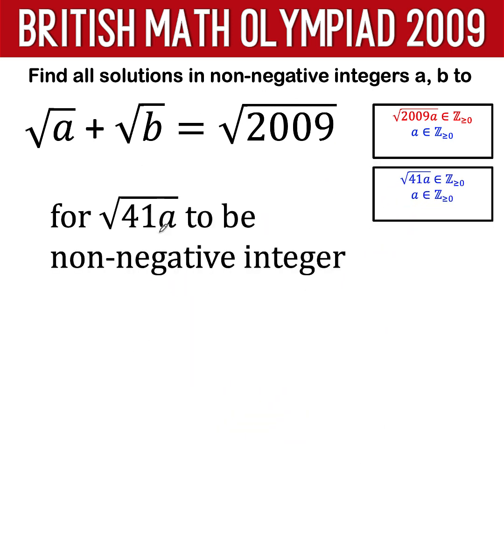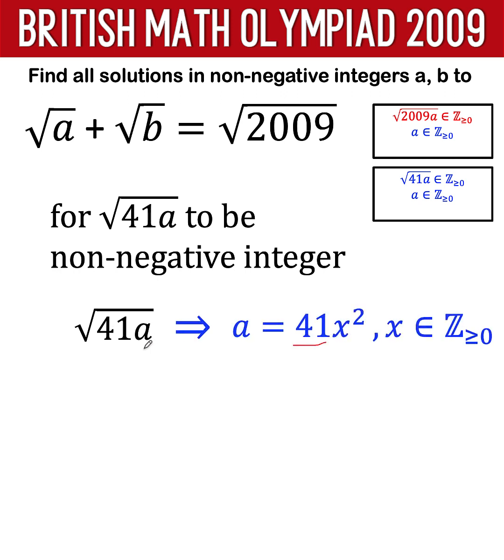Now, for the square root of 41a to be a non-negative integer, what must happen? Notice that we have here 41 inside the radical. To make the square root an integer, we must have a perfect square under the radical. So we need another term that is 41, and this other term must be a perfect square also.